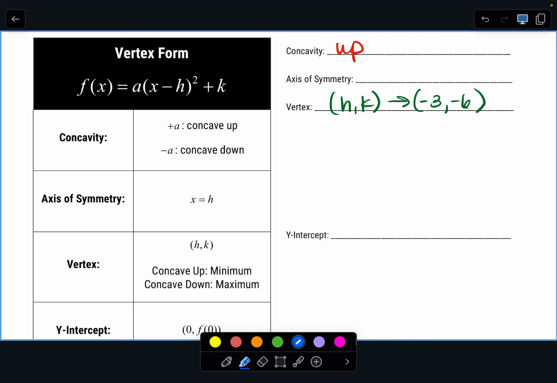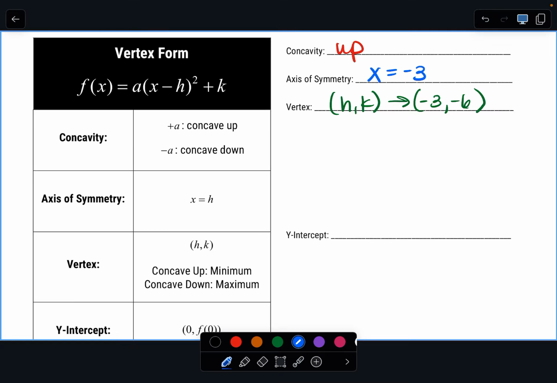So I'm going to go in and say x is equal to -3. Again, directly tied into the h of your vertex. And that's because when you draw that line of symmetry, it has to go through the middle point. It has to. So that is why it's always the same number.